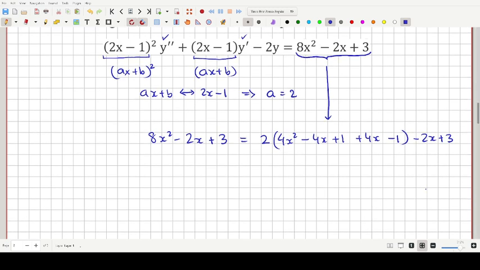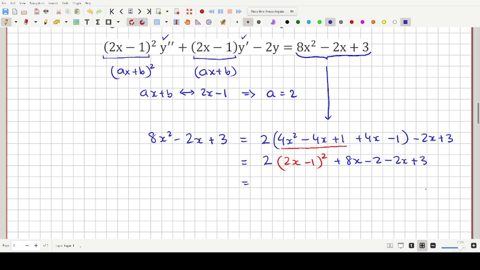If you look carefully, the terms represented by 4x squared minus 4x plus 1 are the same as 2x minus 1 whole squared. For the rest of the terms, if we open the bracket, it becomes plus 8x minus 2 minus 2x plus 3.